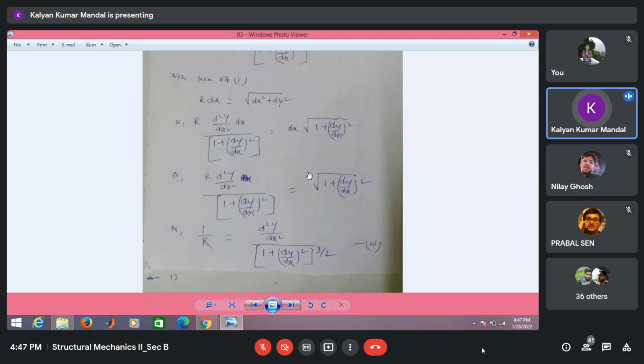Here r is the radius of curvature, and 1 by r is the curvature.